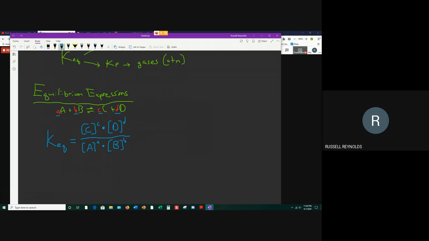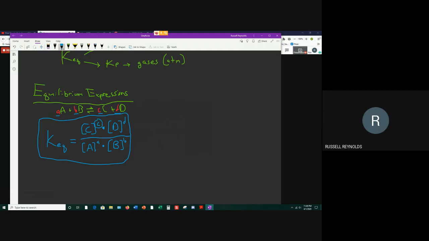Just like this. So this thing that I've just circled is our generic equilibrium expression. This is how your equilibrium expressions are going to look. You're going to have a K equal to products multiplied to each other divided by the reactants multiplied to each other.